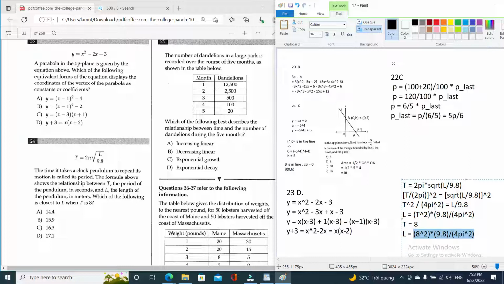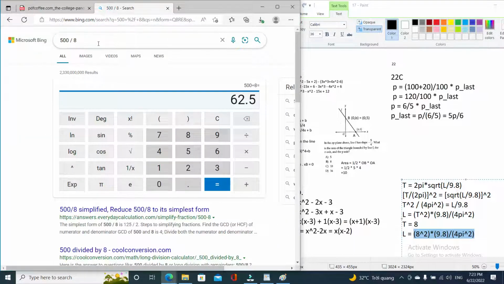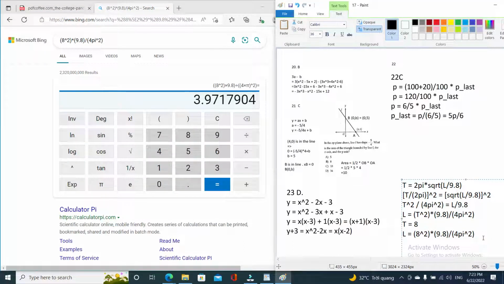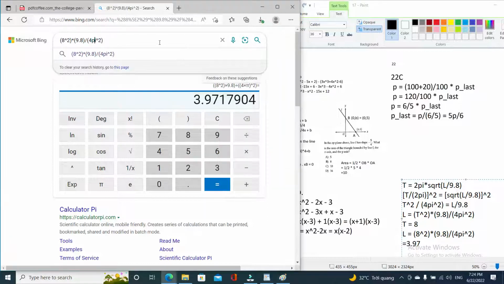So the answer is 3.97. It is correct. Yeah, no, not 4 pi squared. 4 times pi squared.